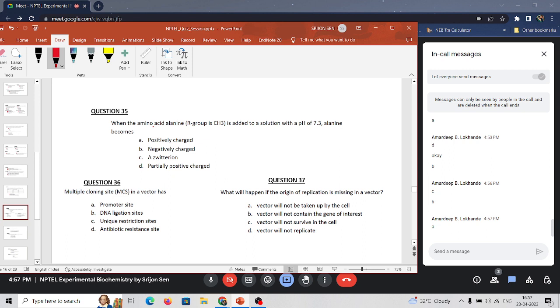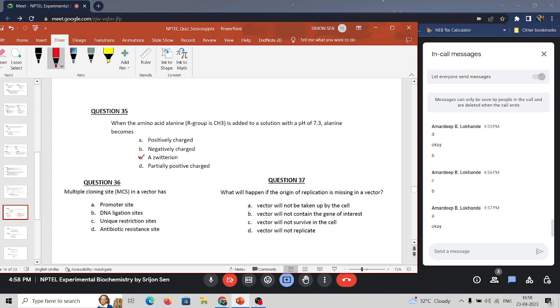Alanine has a pI very close to 7. Okay, so it will be in the zwitterionic form. It is going to be in the zwitterionic form.